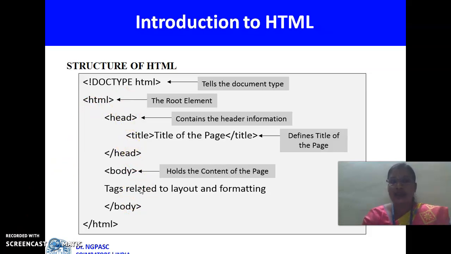Basic HTML can be divided into two parts: the head tag and the body tag. Inside the head we mention the title tag. Inside the body tag we give all the formatting tags. Each tag must be closed with /HTML.